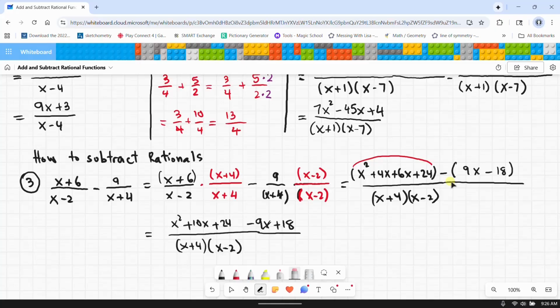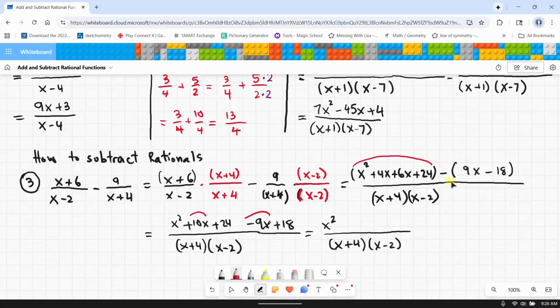So now here we have everything that we need to simplify or to combine. Again, the denominator needs to stay the same. That's your common denominator. You don't want to touch it. So now x squared, that's the only one that we have. Now we have to combine this with this. Make sure you have that negative.